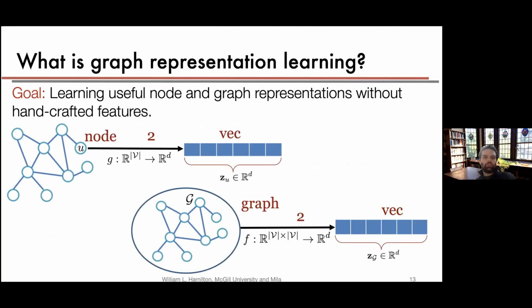So the first problem is, can we map a node to some useful low dimensional representation? What useful means is going to depend on the task, but as is often the case in representation learning, we maybe want to do this in some kind of task agnostic way, right? So we want to have some way of mapping nodes to vectors or mapping entire graphs to vectors. So we want to be able to have useful, ideally low dimensional representations of graph structured objects.